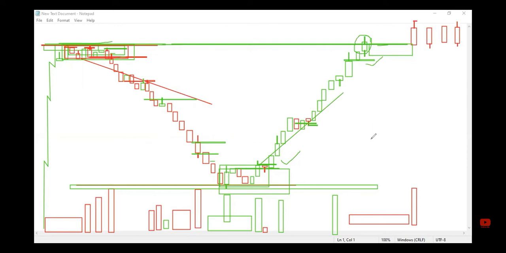Basically, when the start candle forms, the climax forms before reaching support.